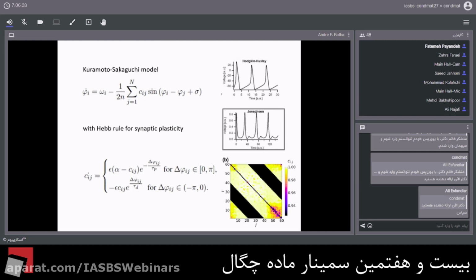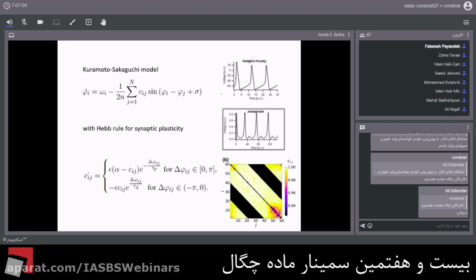The second part of the equation governing the strength of the coupling is basically modeling the connection between two neurons. And the idea is that the strength of the connections between the neurons are actually responsible for memory in the system.